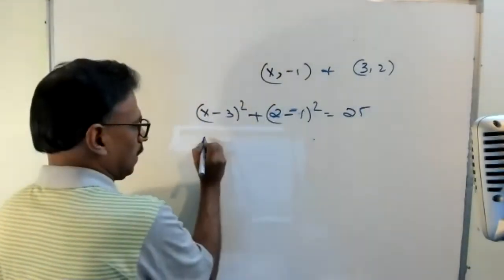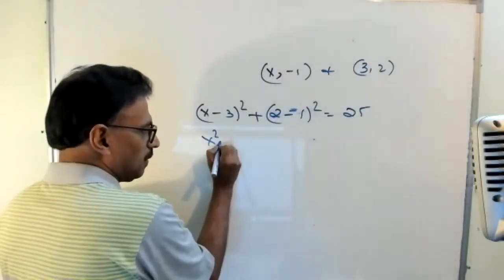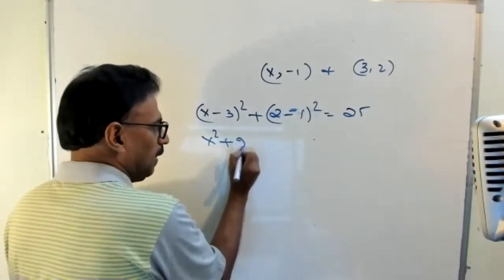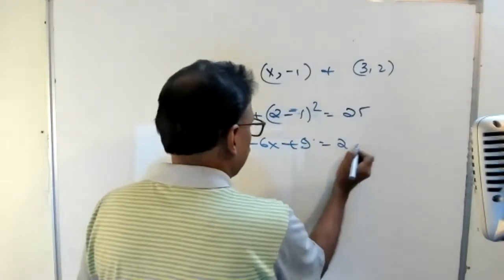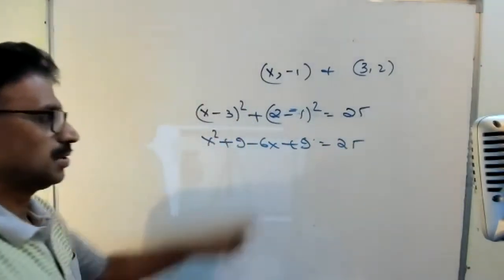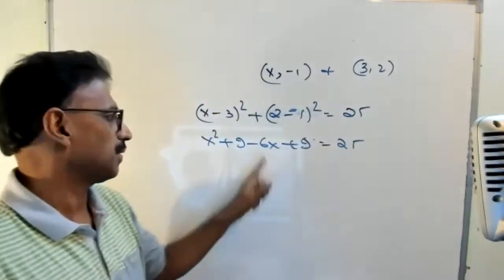So x square minus 6x plus 9, plus 9, equal to 25. Correct or no? Because 2 minus minus 1 is 3, 3 square is 9.